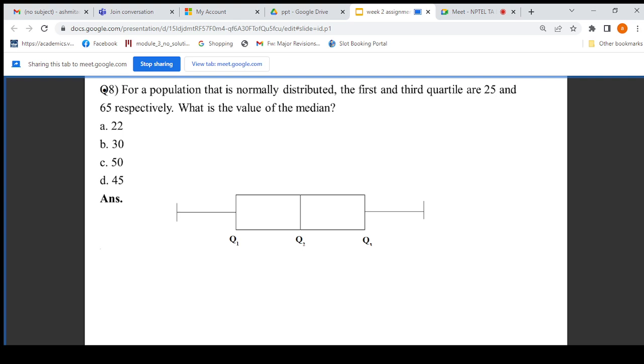And what is interquartile range? Q3 minus Q1. Okay. And how can you find from a data set what is the quartile term? Like you have n number of data points.